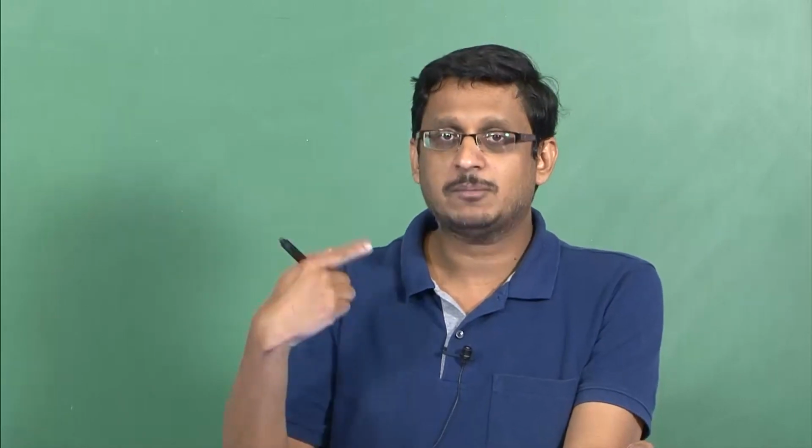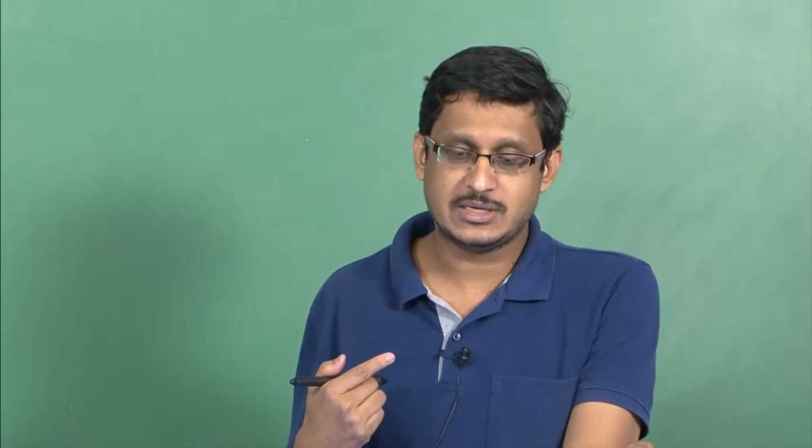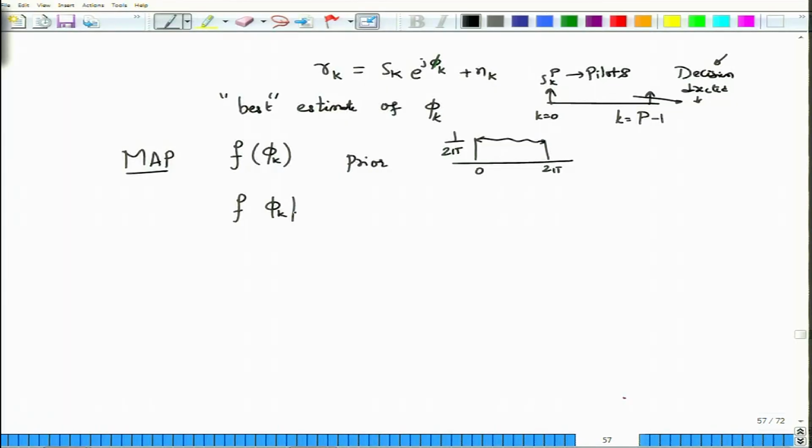But as I start receiving the samples, I can update my knowledge of phi k. In fact, I can find what is called the posteriori distribution, that is, after I have received the samples. There will be a probability density function, and this will be conditional upon receiving Rk.